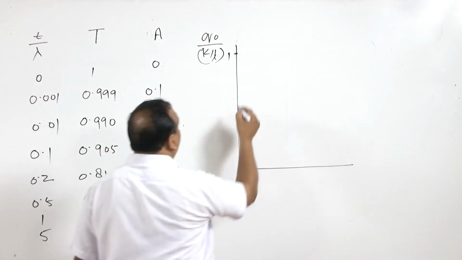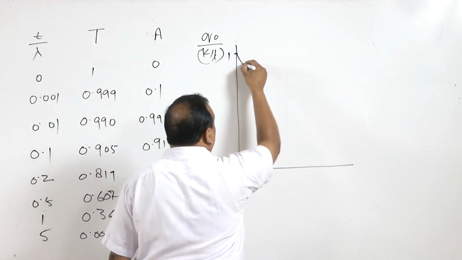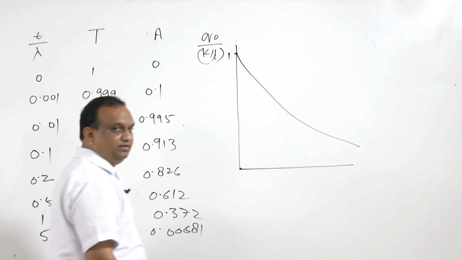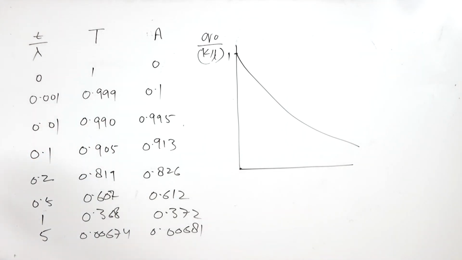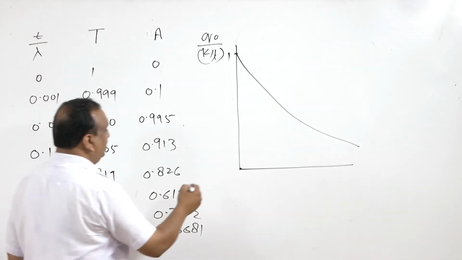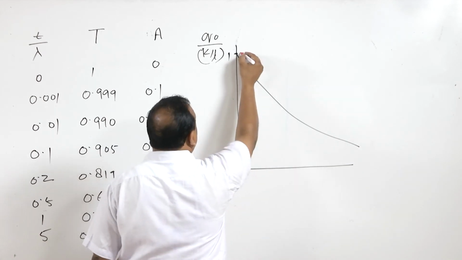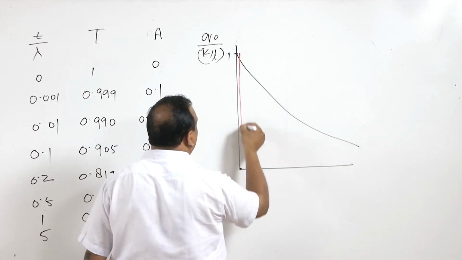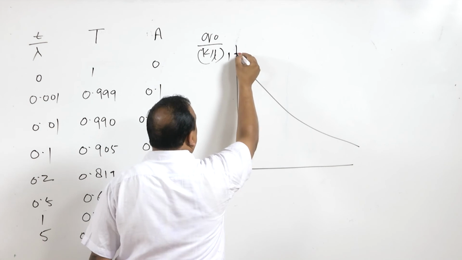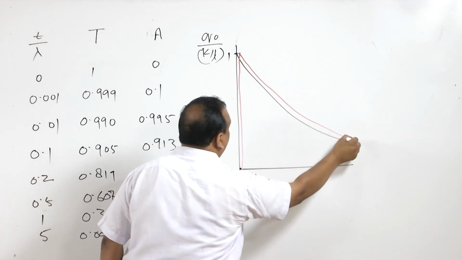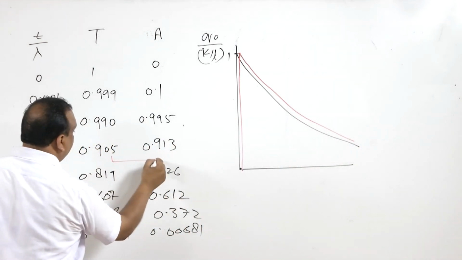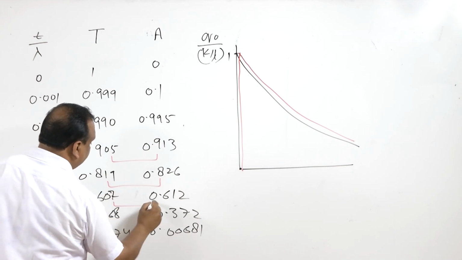So the true response of the instrument is like this. But if you look at the approximated response of the instrument, it will be something like this. Because in the rest of the terms, you see the difference is not much.